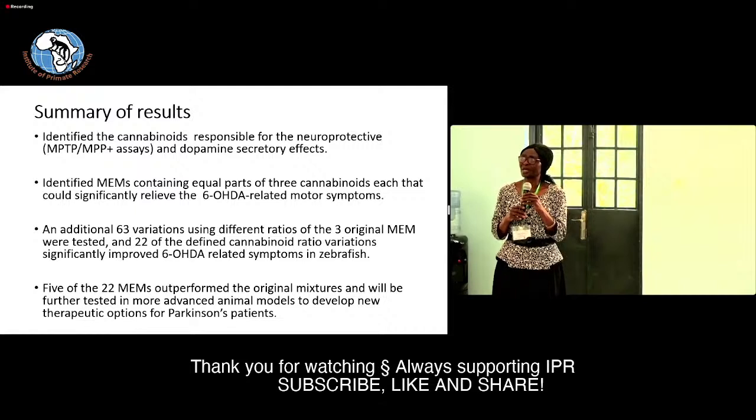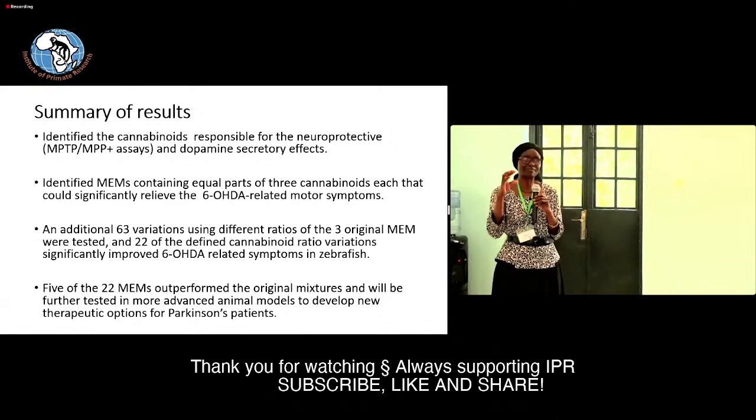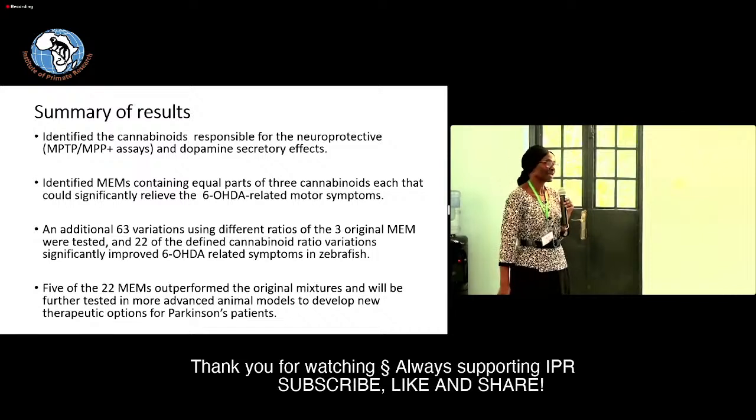And 5 out of the 22 minimum essential mixtures outperformed the original mixtures, and they are hoping that these 5 they were able to zero in on can be taken forward for further studies, particularly with respect to applying them in the treatment of Parkinson's disease. Okay, next.